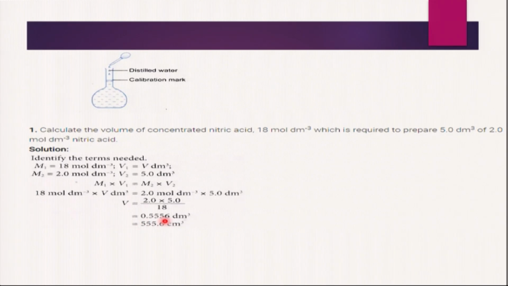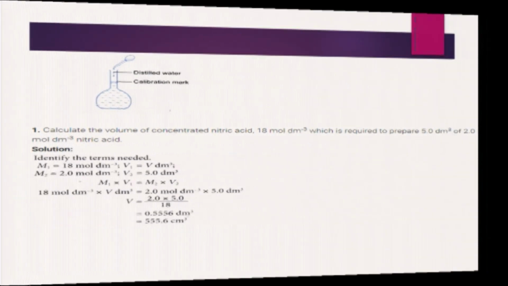So this is the volume of the concentrated acid, which contains 18 moles per decimeter cubed, that you will have to measure. Put it in a volumetric flask like that, and then add distilled water. Your solution that you have obtained will be equivalent to 2 molar per decimeter cubed.